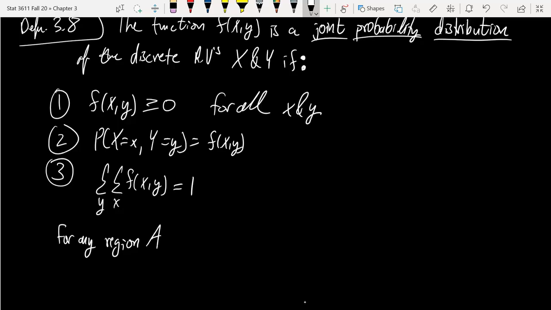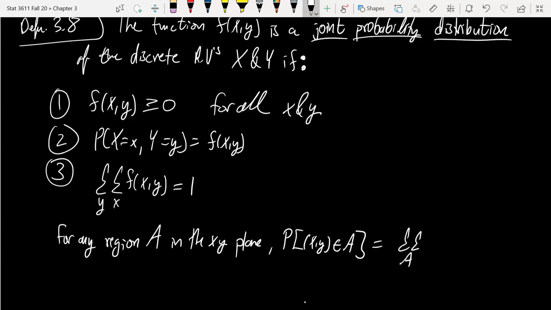So for any region A in the xy plane, the probability that you are in that region is just the sum over all the values in that region of your function f of x, y. Okay?